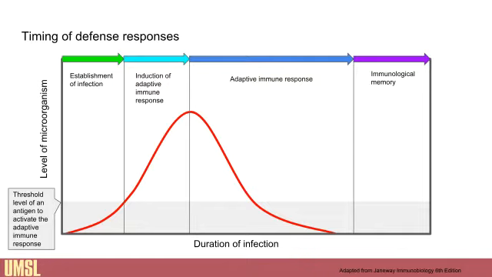So say you get some infection, it's very local. I get a staph infection on my finger from a paper cut, and I use bacitracin, and this red line here is basically how much of this microorganism is present.